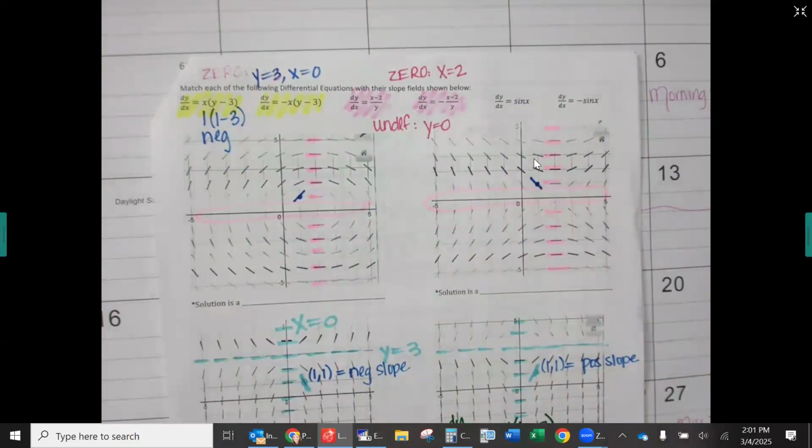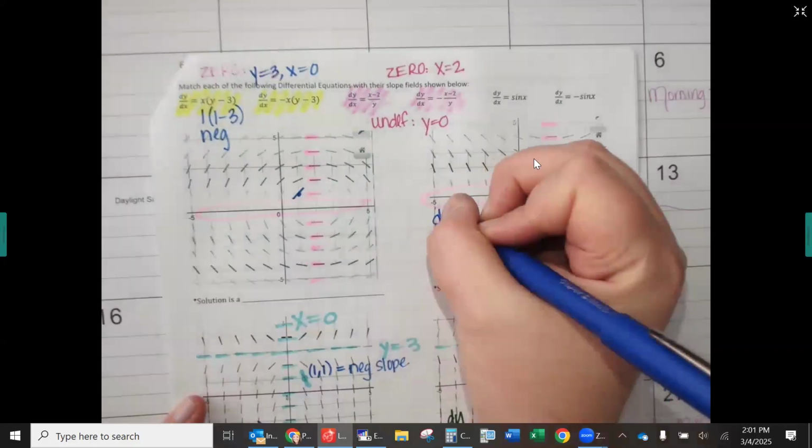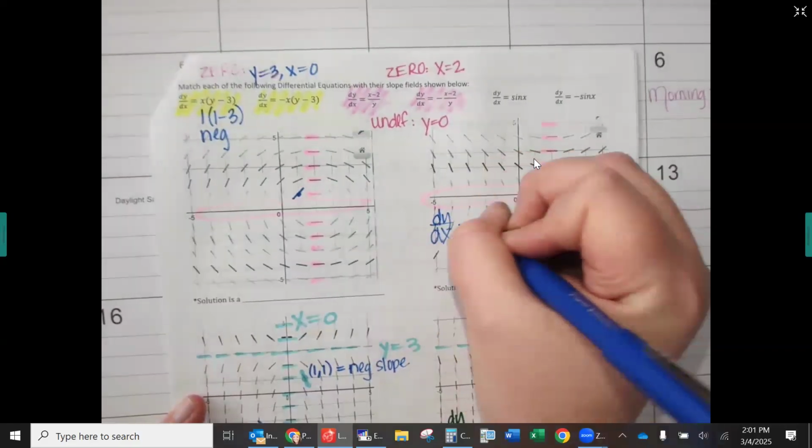So if I plug in 1, 1, how's this one going to come out? 1 minus 2 over 1. Negative. Then this one has to match which slope field, 1 or 2? If the slope came out negative, who does it have to match? 2. So your dy/dx here would be negative x.